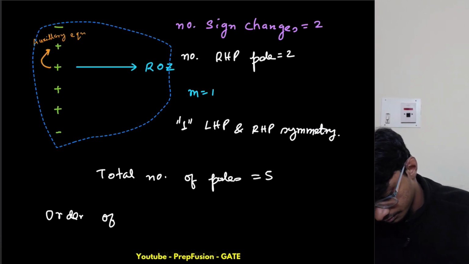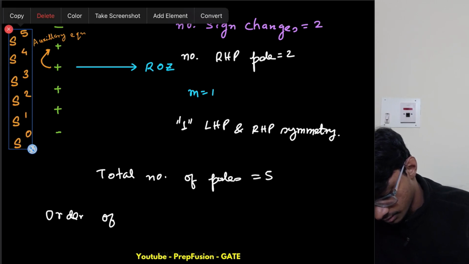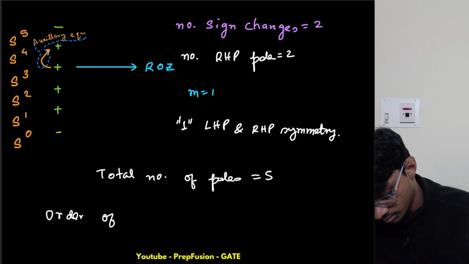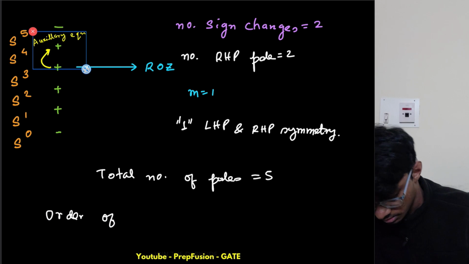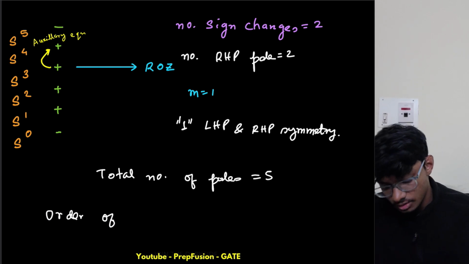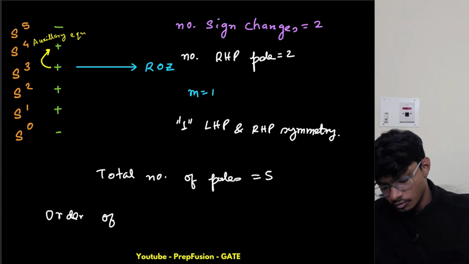I'll color this one different. So what is the order of my auxiliary equation? If I just take it above, it is 4, right? So the order of the auxiliary equation A(s) is 4.